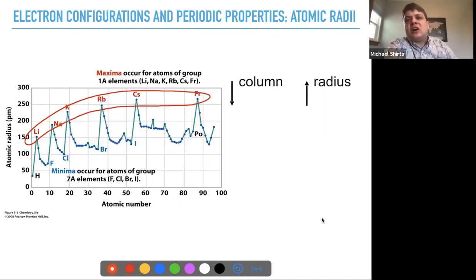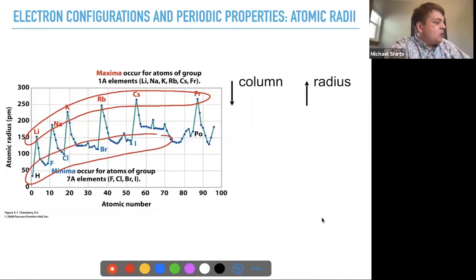Once you get out to really large sizes, it flattens off a bit. But once you go down a column, it is always going to increase in size because you're cramming more electrons in. Even though they're being pulled tighter in, the ones on the outside, you're always adding in bigger things. Okay, so as you go down a column, it holds true for the halogens as well.